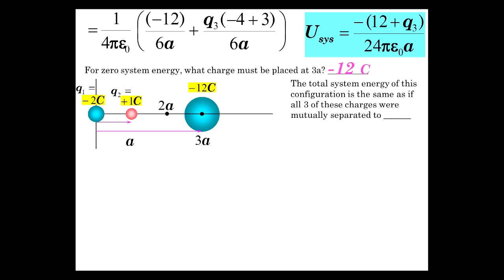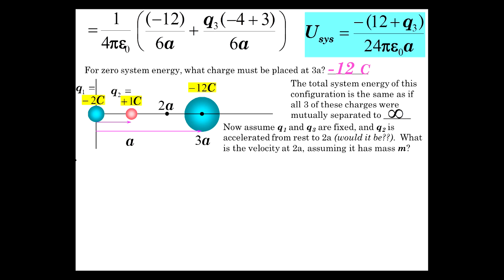So the total system energy, you take all three, move them to infinity, and because of the nature of potential energy being a scalar type quantity, it's not dependent on direction. So it really doesn't matter. We could take this and move it this way to infinity or this way, and same thing for all these.